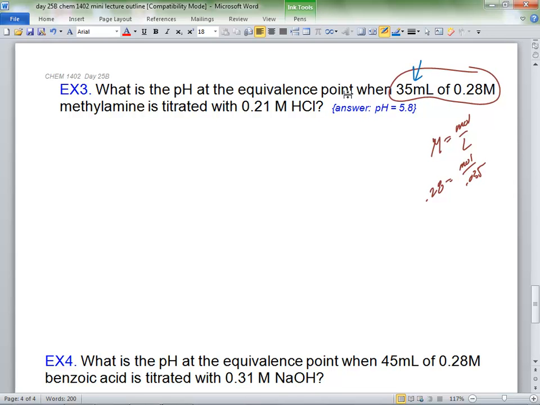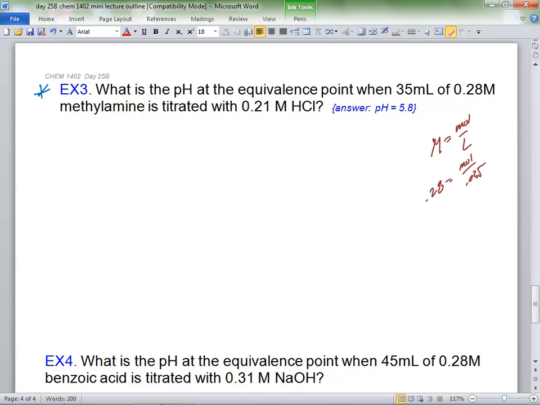What is the pH at the equivalence point when 35 mils of 0.28 molar methylamine is titrated with 0.21 molar HCl? And I think it's very healthy in these questions to have a mode, and you approach it the exact same way every time.